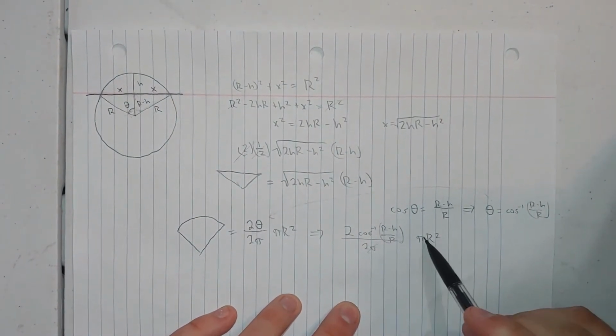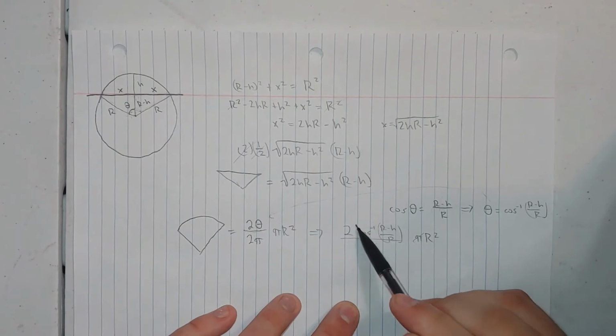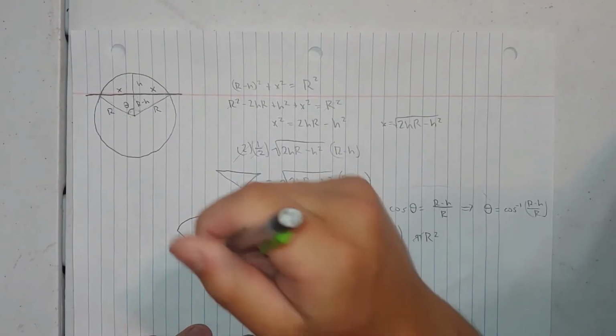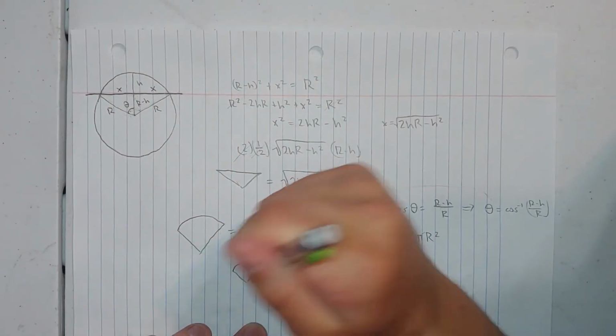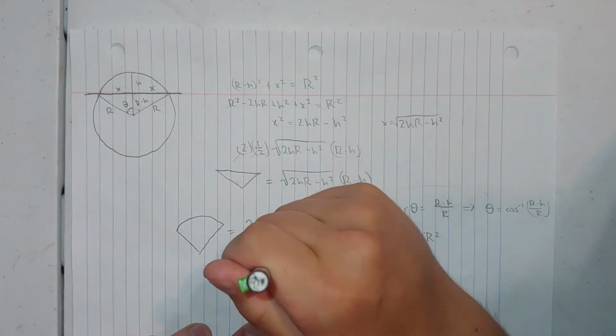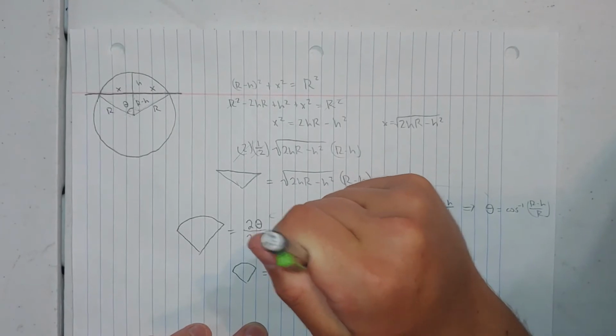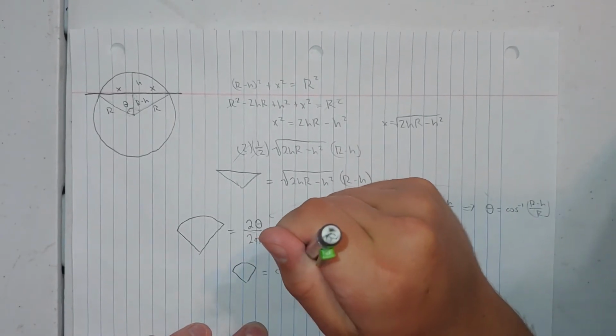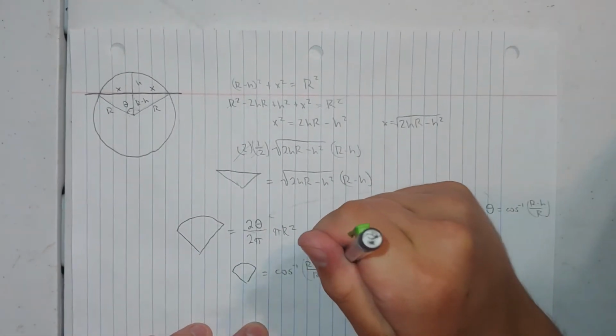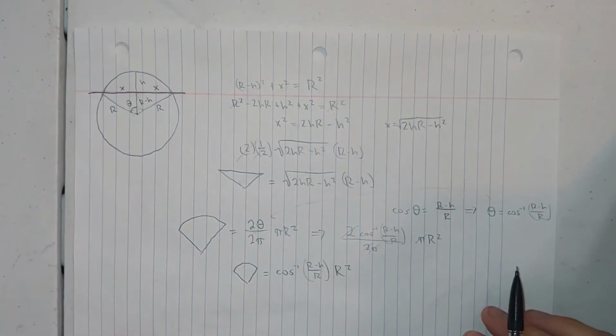And we see we have a pi on the top and bottom, and we have a 2 on the top and bottom. So the area of the pie shape is equal to arc cosine of r minus h over r times r squared.